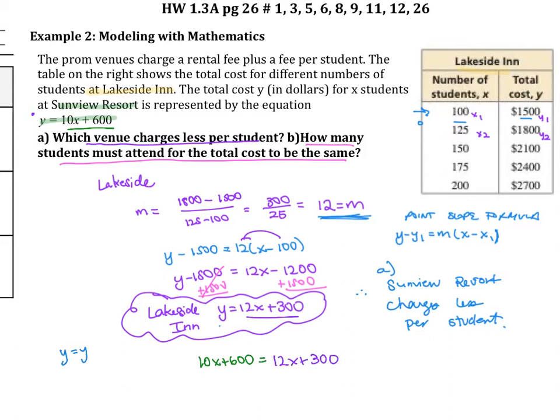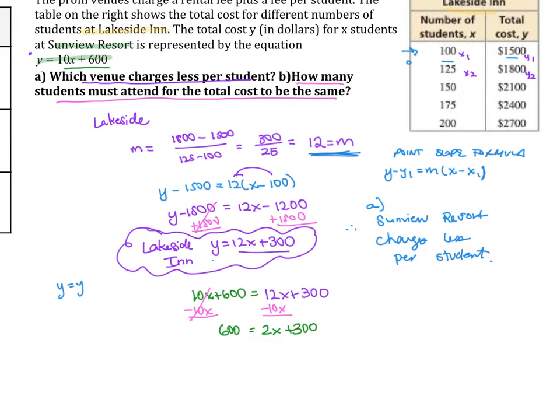Now we solve. Let's combine like terms. I'm going to subtract 10x, because I want a variable on one side and the constant on the other. So we have 600 equals 2x plus 300. Then let's subtract 300 from both sides. Now we have 300 equals 2x.